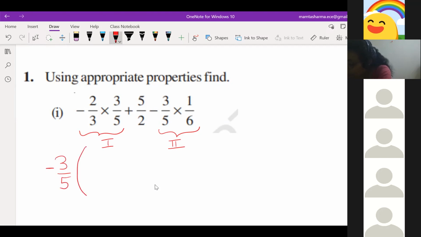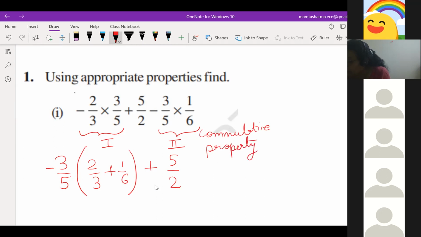If I take minus 3 by 5 as common, you will be left with 2 by 3 and 1 by 6 in the first two terms. And write this 5 by 2 as it is. So I have used the commutative property.